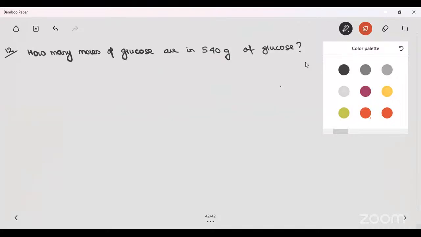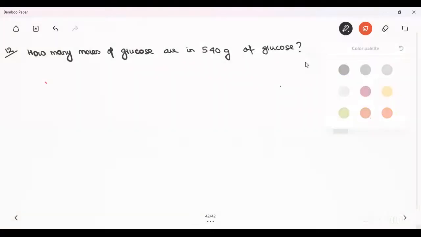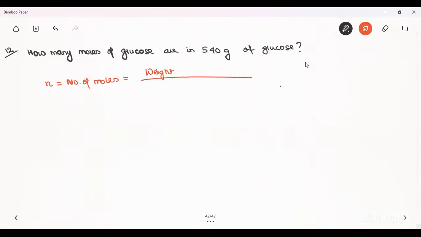Moles. This is number of moles, right? n stands for number of moles. It is weight in gram divided by gram molecular weight.